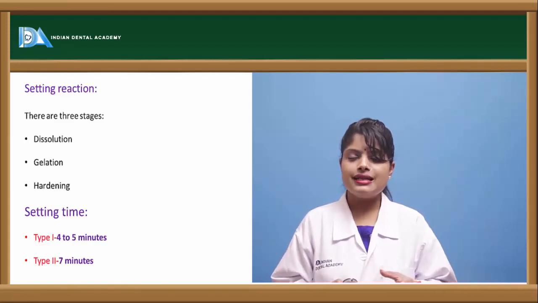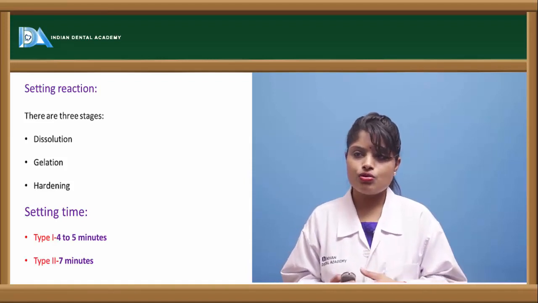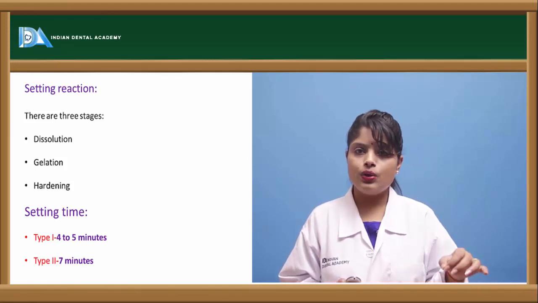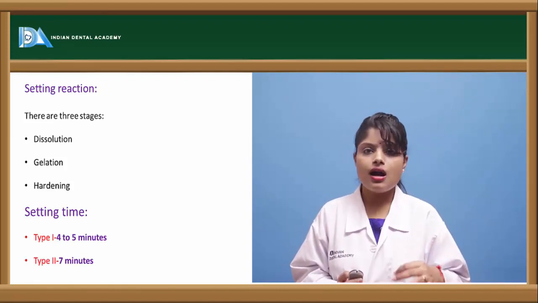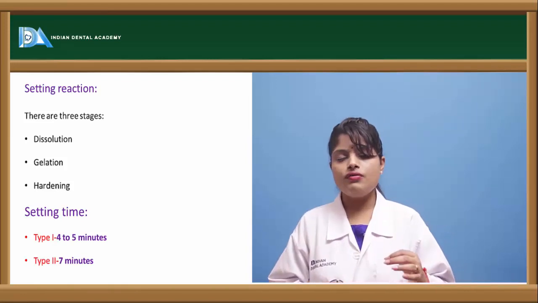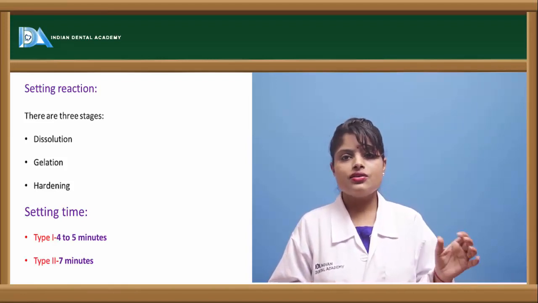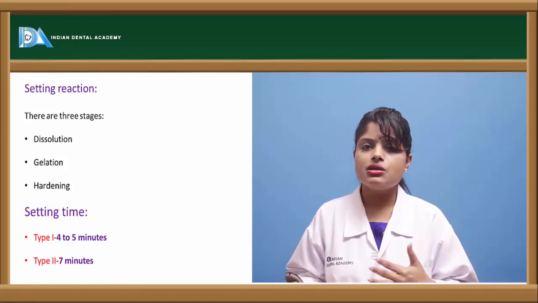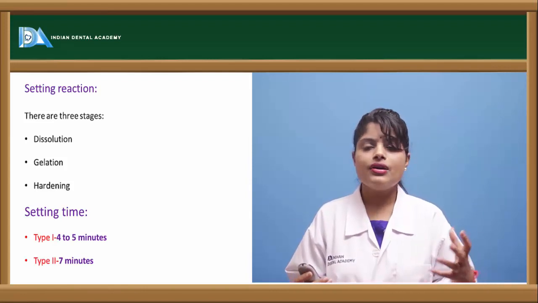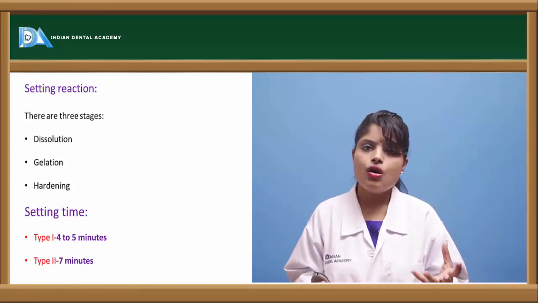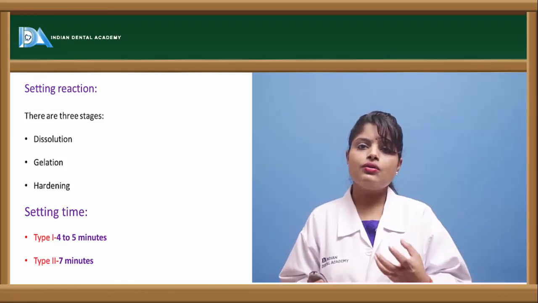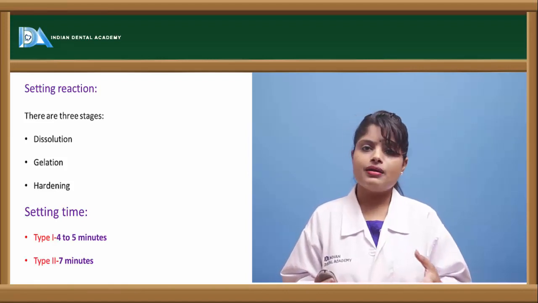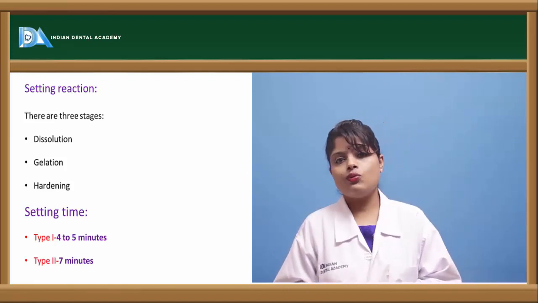Now what is the setting reaction? The setting reaction is composed of the dissolution of the glass particles in the liquid, then the gelation, and finally the hardening. In the dissolution, the glass particles react with the water content, and the aluminium ions, calcium ions and fluoride ions are released by the reaction of the silica, aluminum fluoride, calcium fluoride and aluminum phosphate particles with water.